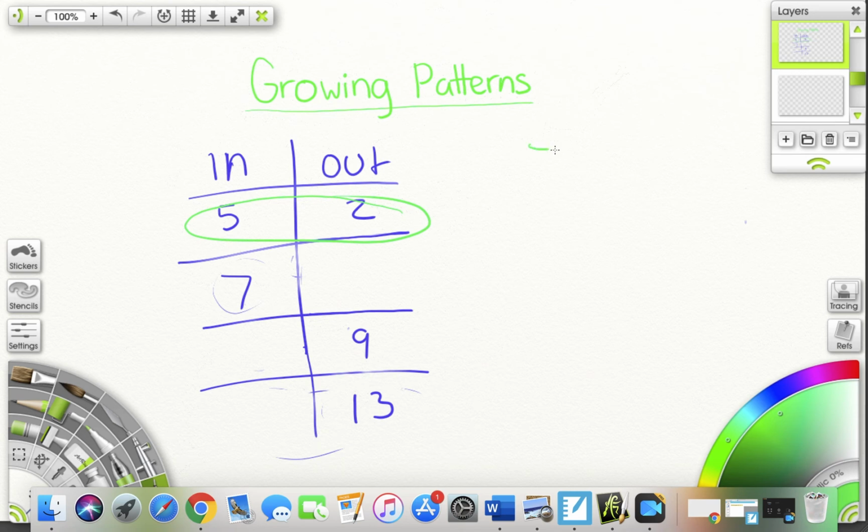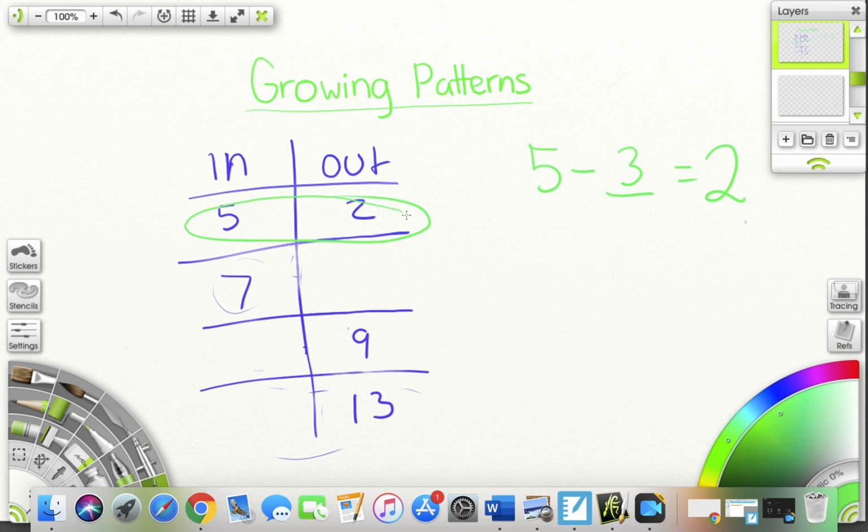Well, I can do 5 minus something equals 2. 5 minus what equals 2? 5, 4, 3, 2, 5 minus 3. 5 minus 3 equals 2. So the rule for our in number is our in number minus 3 gets our out number.